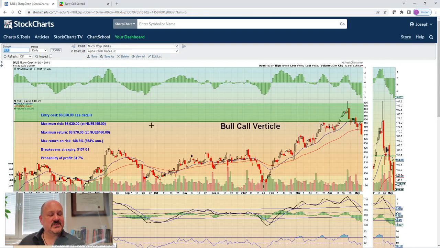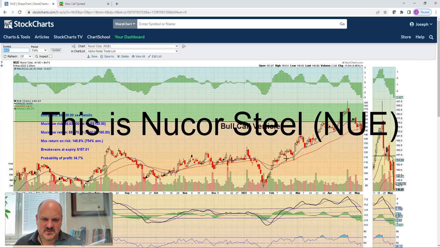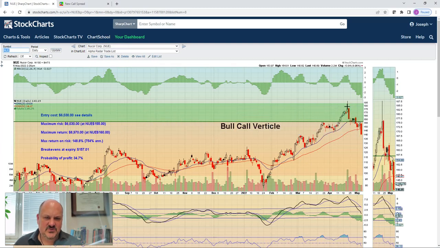All right, last one for today. This one I regret doing. I'm going to wait and see, but I put on the bull call vertical this morning. I saw the company come up. It's been stellar. Through this entire downturn, it's been in an uptrend. It dropped a little bit, and I saw it this morning.